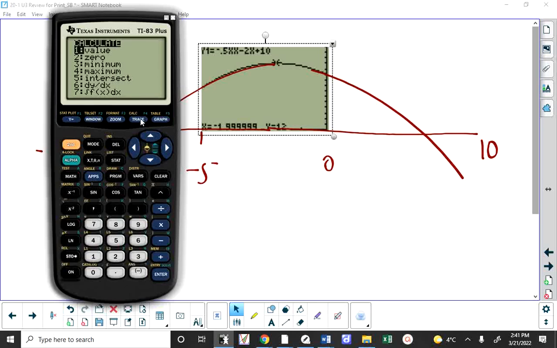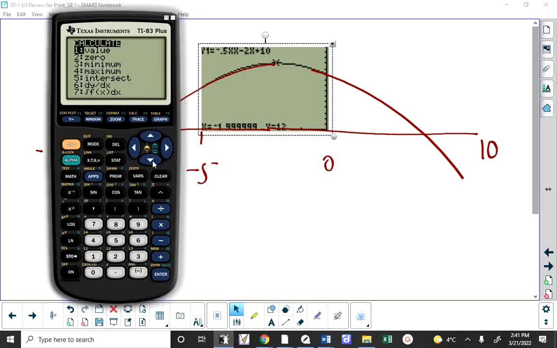Which option do I choose to find the x-intercept? Bless you. Nobody knows? Okay. You choose the 0, number 2.